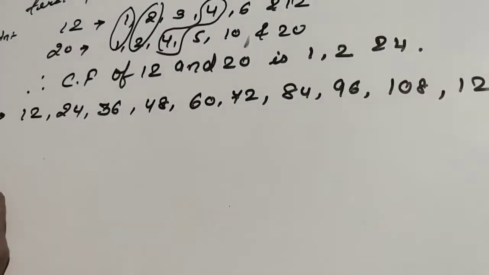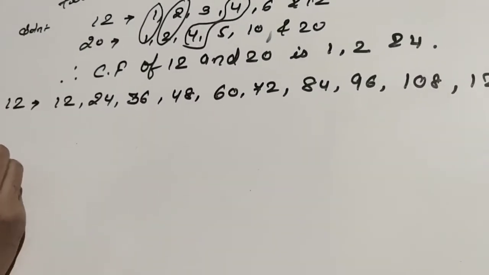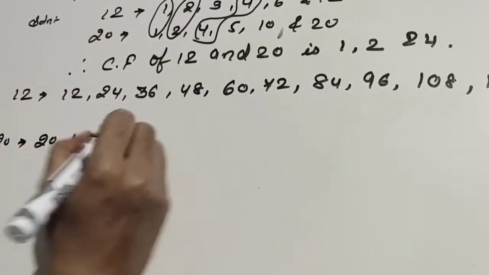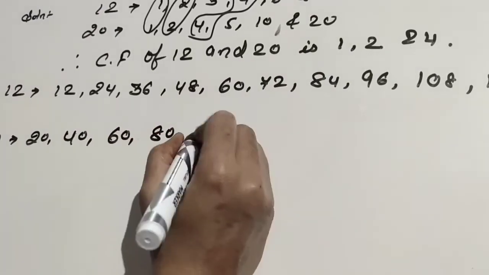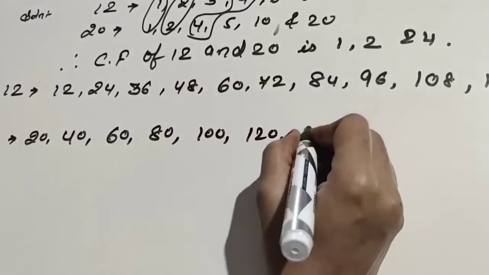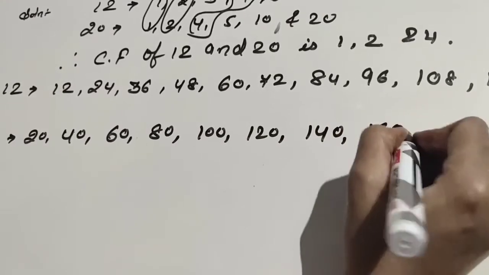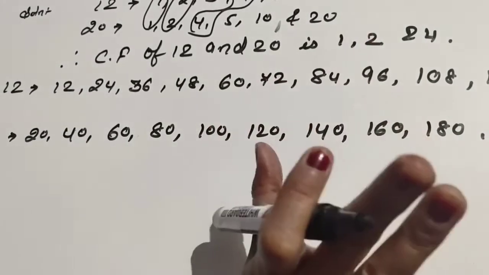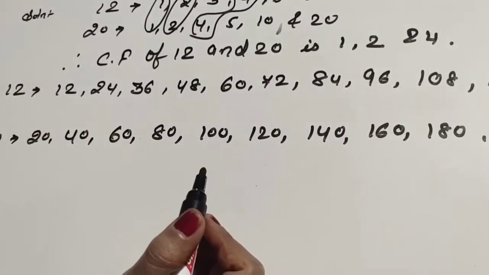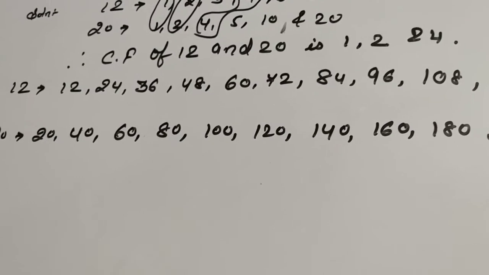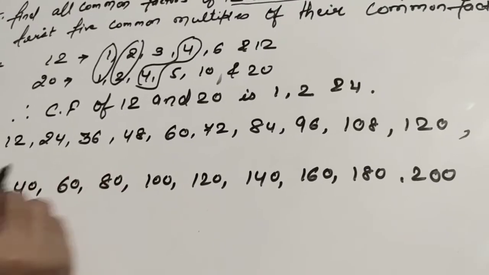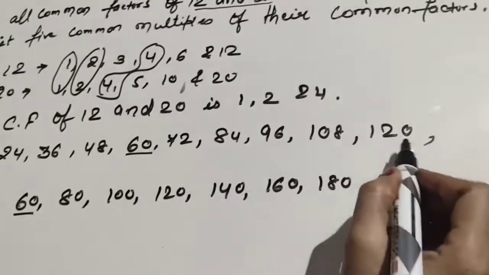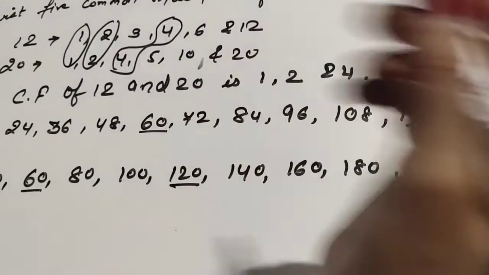Now the table of 20: 20, 40, 60, 80, 100, 120, 140, 160, 180, 200. In these numbers we will find 5 common multiples. First 60 is common, then 120. It means we will write more of the tables.